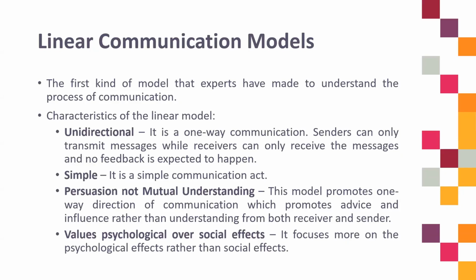So senders can only transmit messages while receivers can only receive the messages. What is lacking here is feedback; no feedback is expected to happen. That is why the linear communication model is unidirectional.